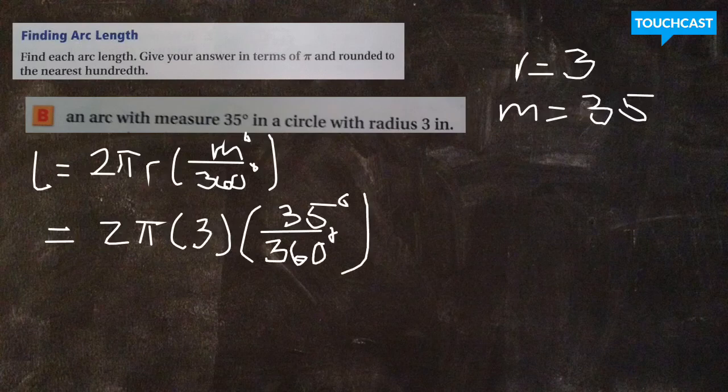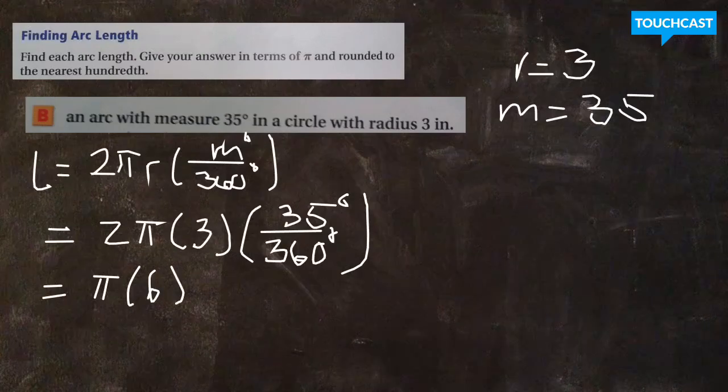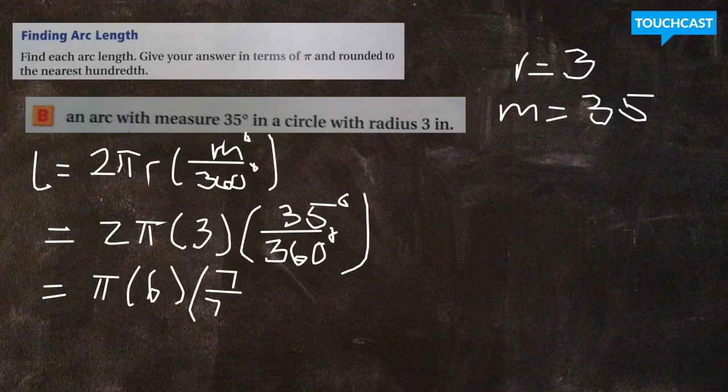Now we can simplify. 2 times 3 will give us pi times 6. And 35 over 360 will give us 7 over 72. So now we can do some more simplifying. 6 goes into 72 12 times, so we can cross 6 out, and 6 turns into a 1, 72 turns into 12.